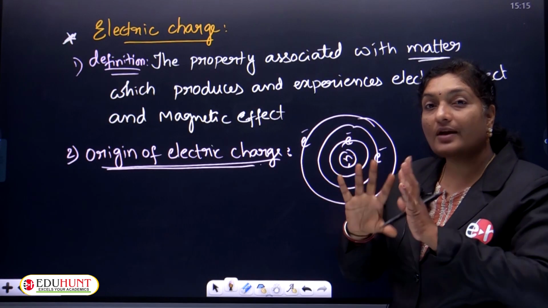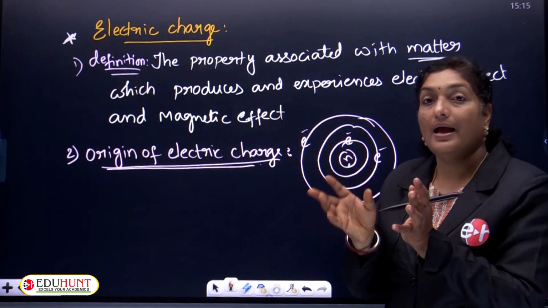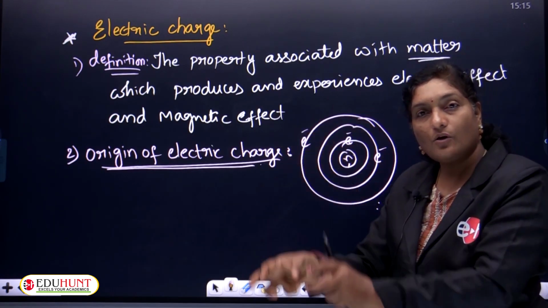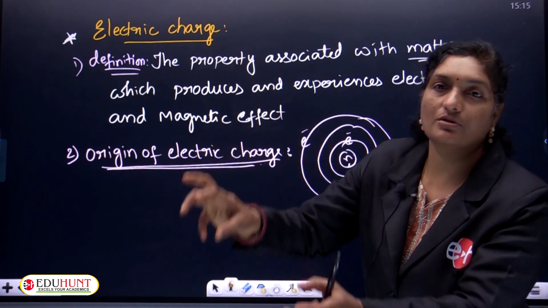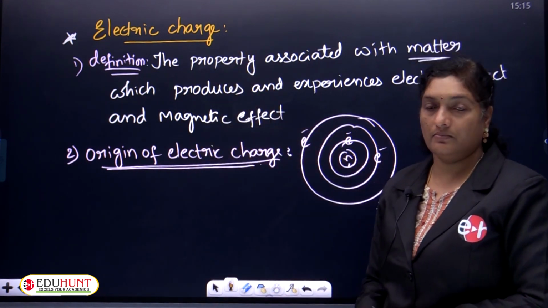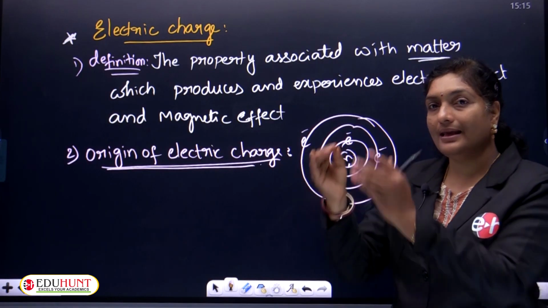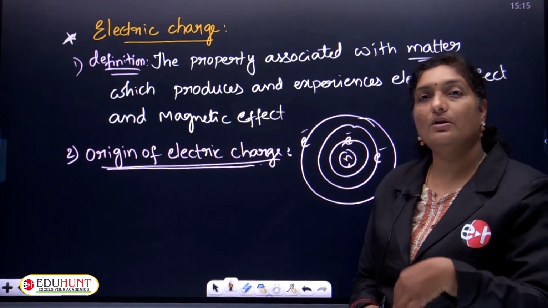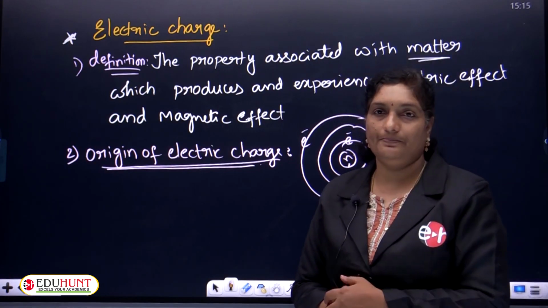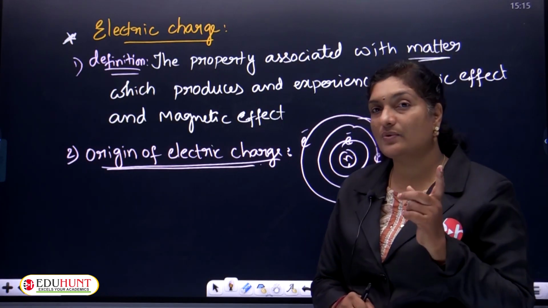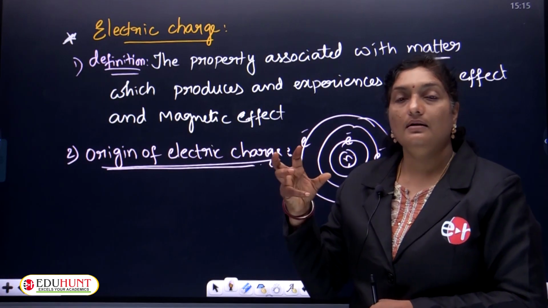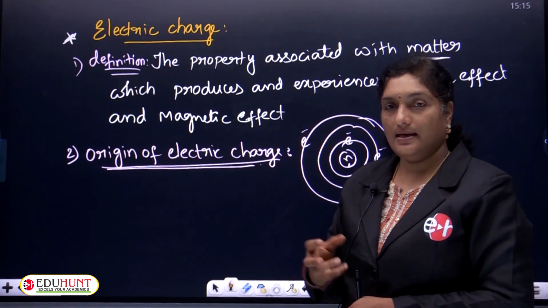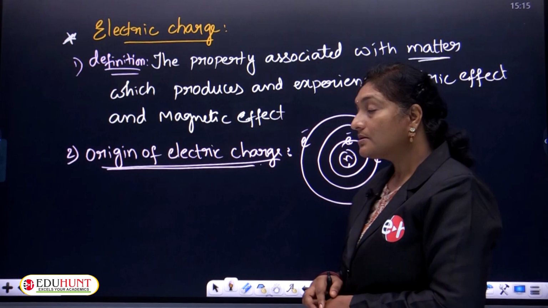Then the neutrality of the atom gets disturbed. As a result, the electrons from one body get transferred to the other body. That means in one body the number of electrons is reduced, whereas in the other body the number of electrons is increased.